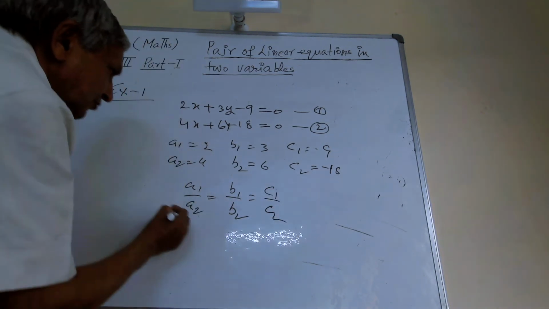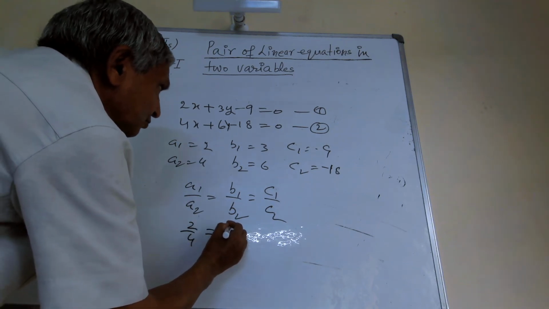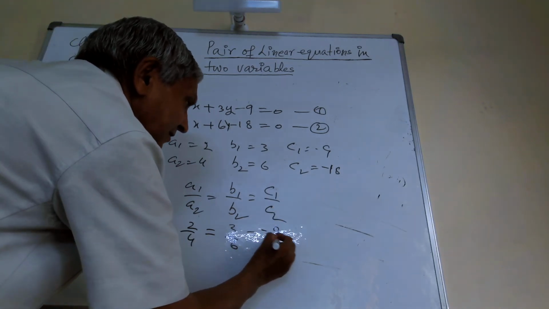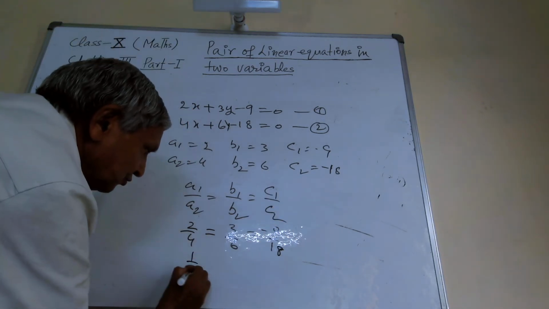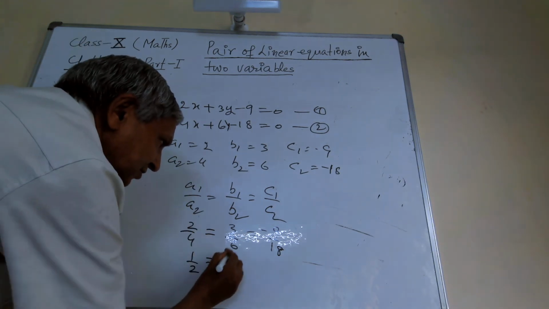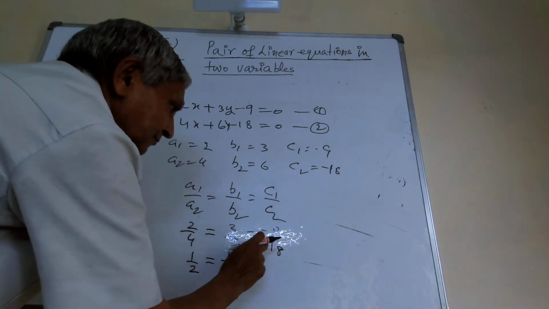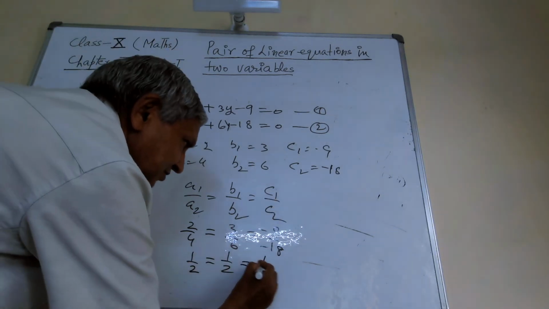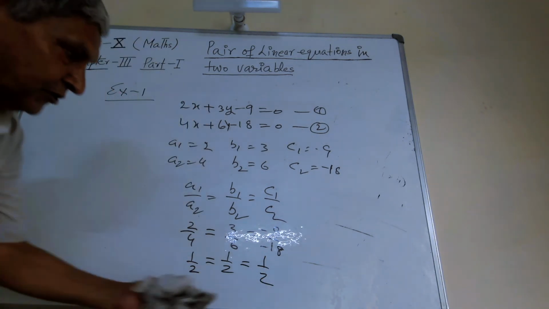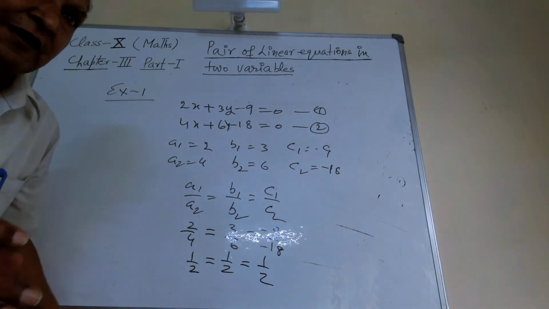That is 2 by 4, 3 by 6, and minus 9 by minus 18. This is 1 by 2 by cancellation, this is also 1 by 2, and this is also 1 by 2. This is the third condition, in which all the entries are equal.